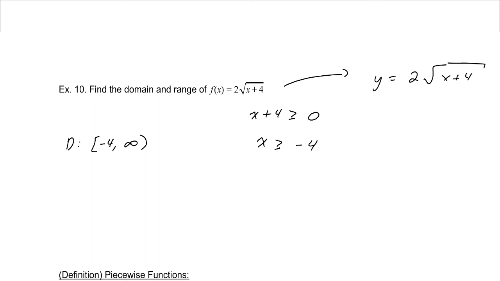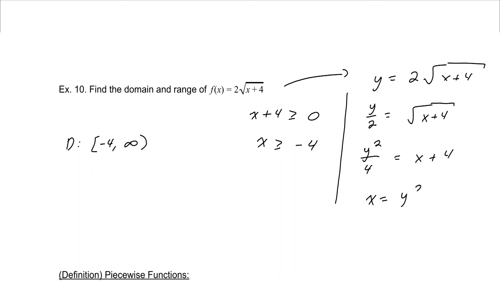If I divide by 2, y over 2 equals the square root of x plus 4. Squaring both sides, we get y squared over 4 equals x plus 4, so that x equals y squared over 4 minus 4.